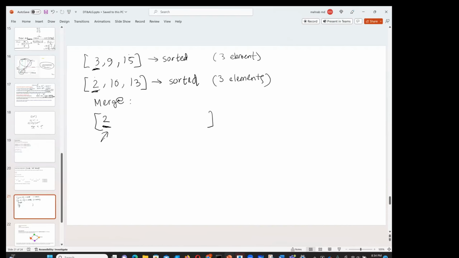Now tell me which are the next candidates of the smallest element? 3 and 10. Can I just compare 3 and 10 and immediately decide that 3 is the smallest? Yes, right?